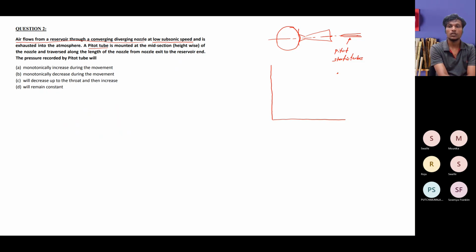It is a question asked in the reverse way. So this is the entry, and this is the exit.